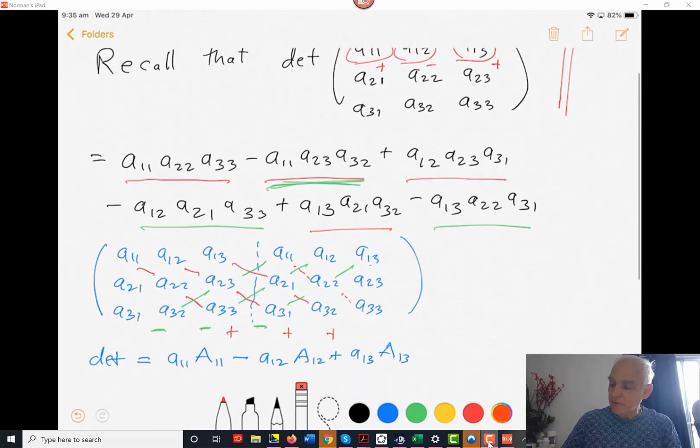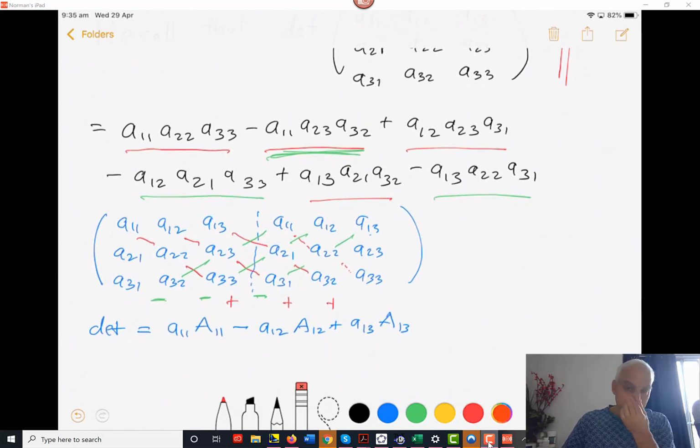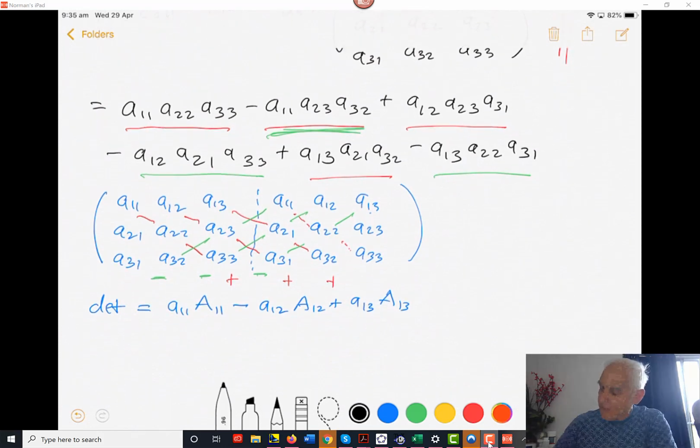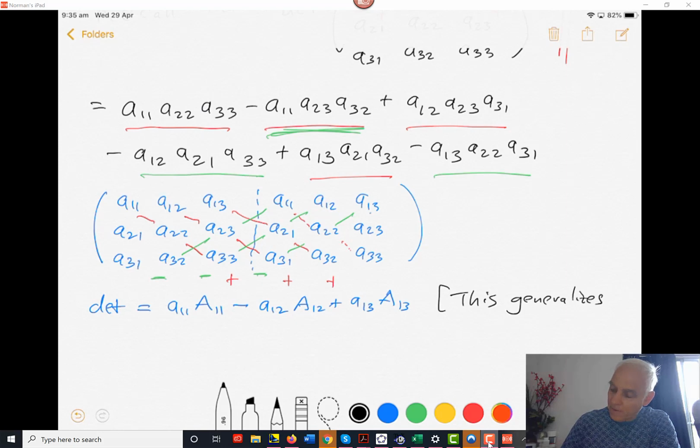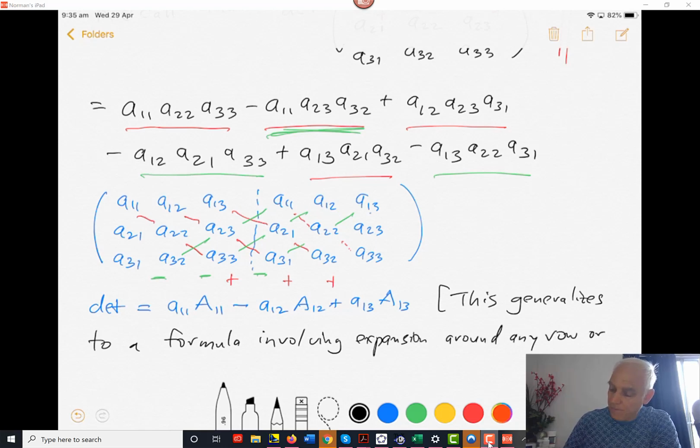Now, it turns out there's a corresponding formula, in fact, for any row and any column. So this generalizes to a formula involving expansion around any row or, in fact, column.